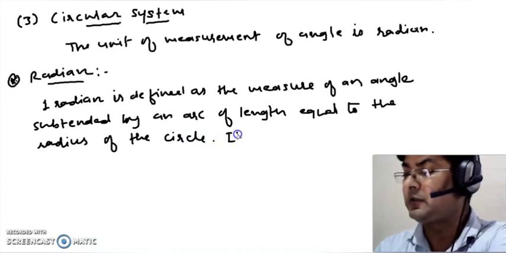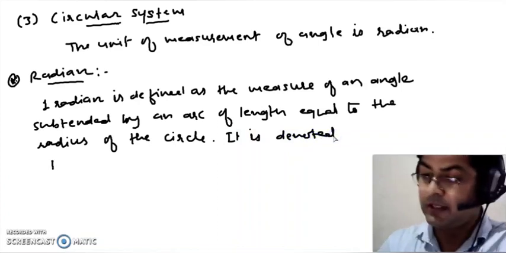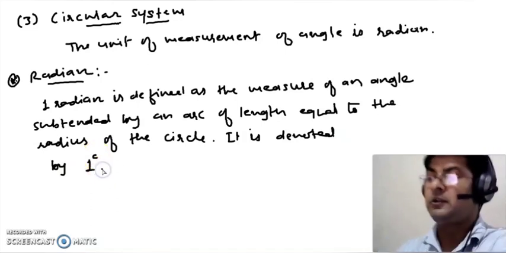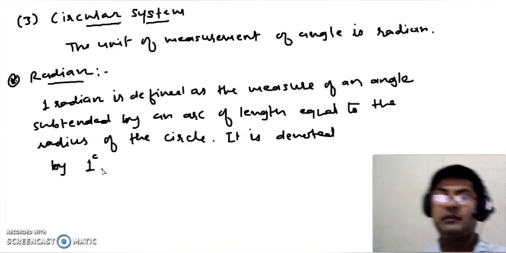Okay, it is denoted by the symbol. Okay, we write in this way. Okay, this is the symbol for representing 1 radian.